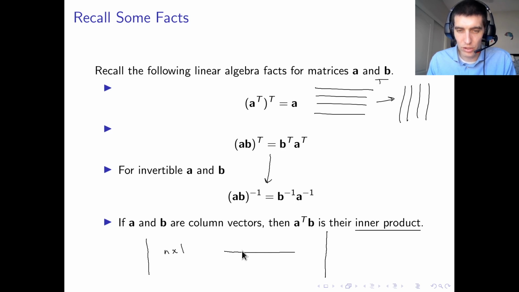Doing rows times columns, this is just a scalar. In fact, A transpose B for column vectors A and B is their inner product.